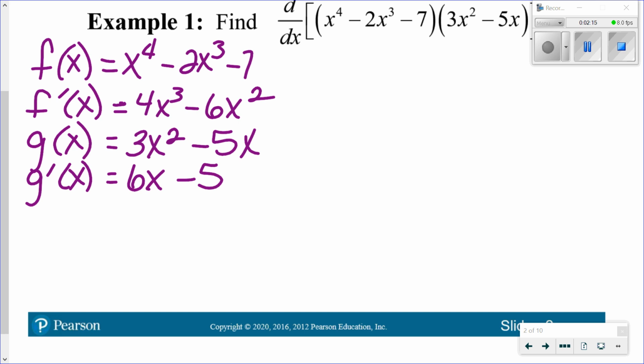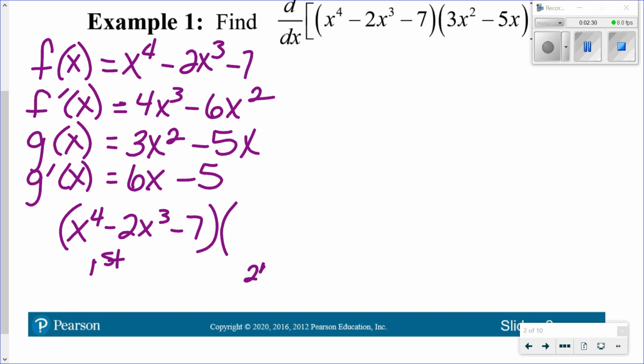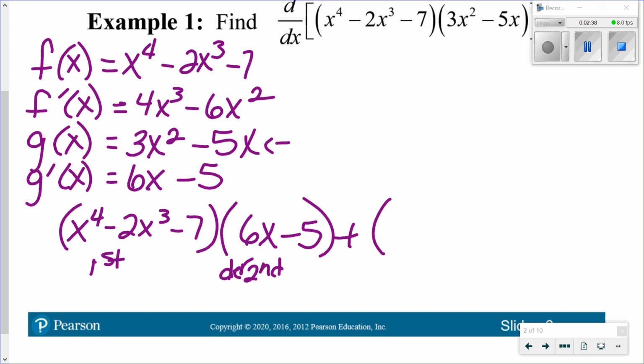All right, so let's go ahead. The first, leave it alone. So I wrote f of x down exactly as it appears, times the derivative of the second. So that's my g prime, so that's 6x minus 5, plus the second. Well, here's your second, so 3x squared, exactly as it started out, times the derivative of the first.